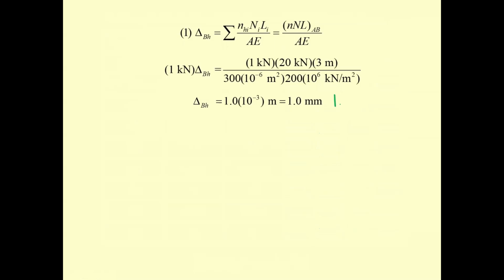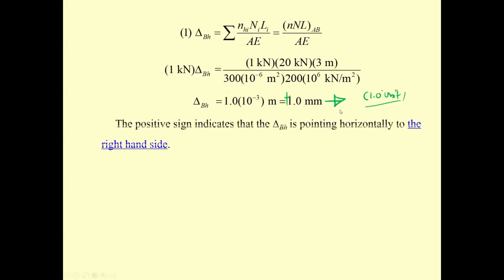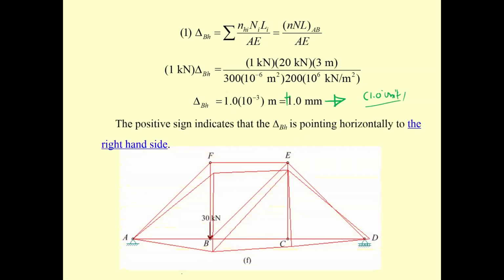And this is going to be the one that will move in this direction, the same direction as the 1.0 unit load. Okay, the same direction because it's positive. Now your result is going to be something like this: 1.0 millimeter horizontal, and the vertical is going to be 5.2 millimeter.